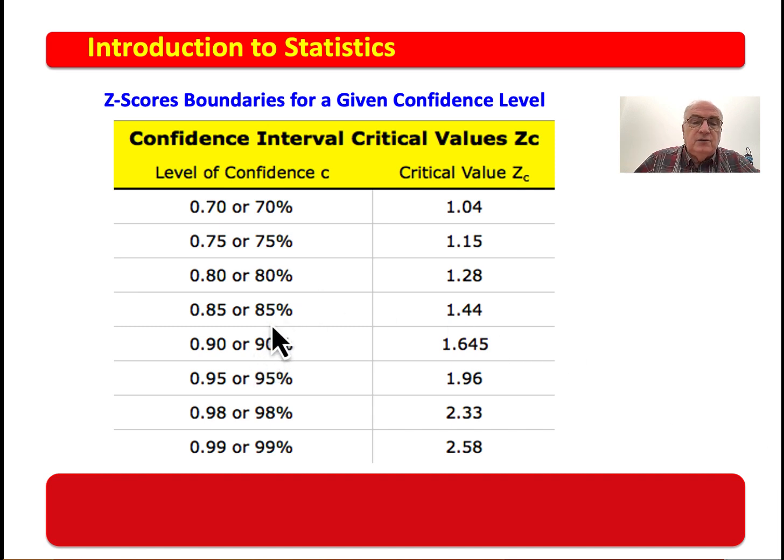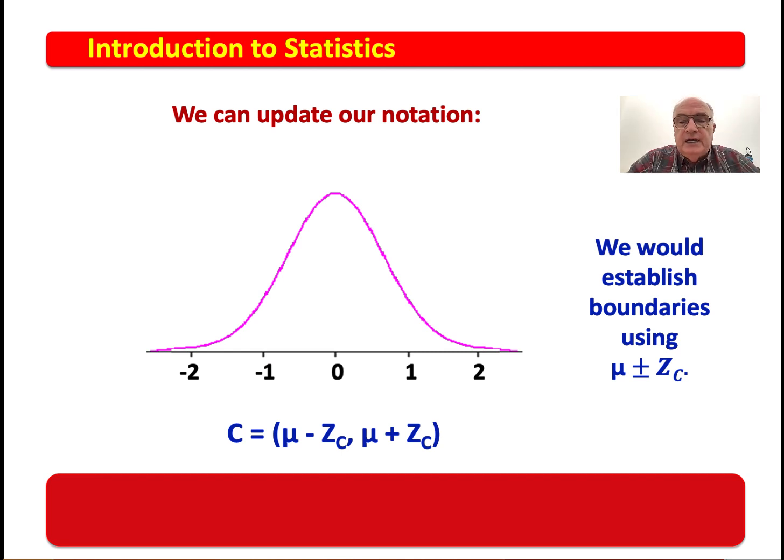Confidence intervals below 90% are seldom ever used. Well, we can update our notation. We would establish boundaries of the confidence interval as mu minus the z critical and mu plus the z critical. This is for the standard normal distribution curve.